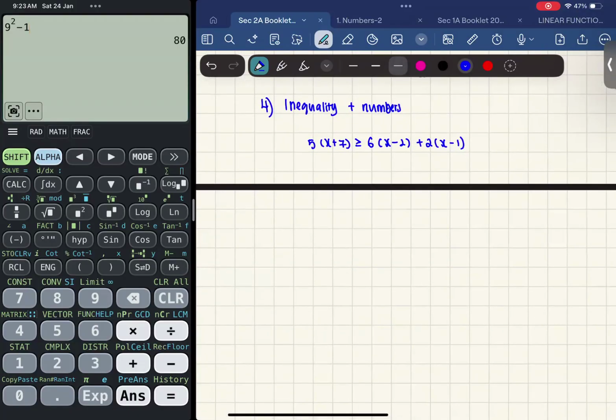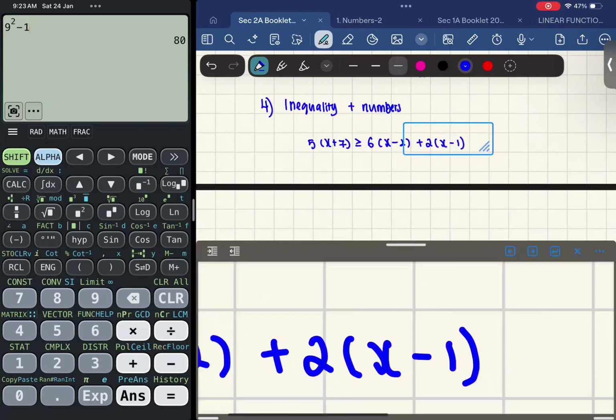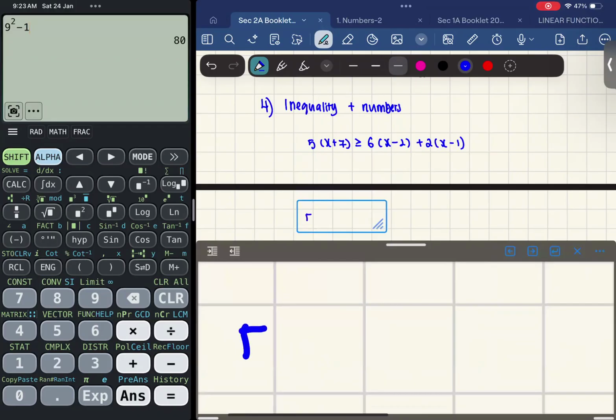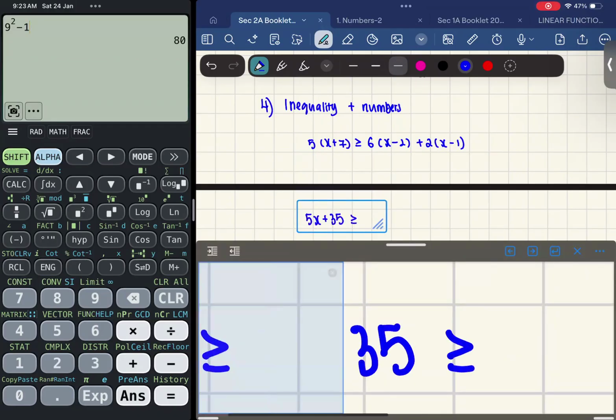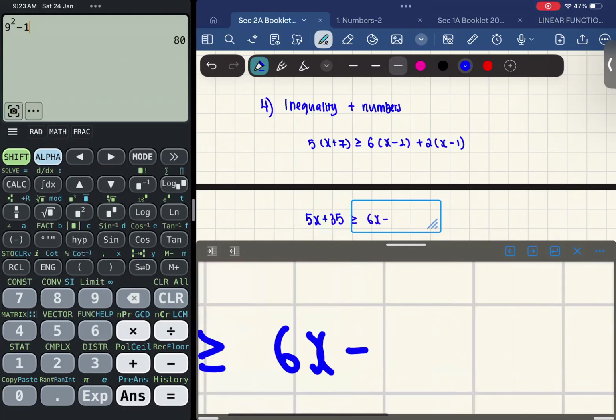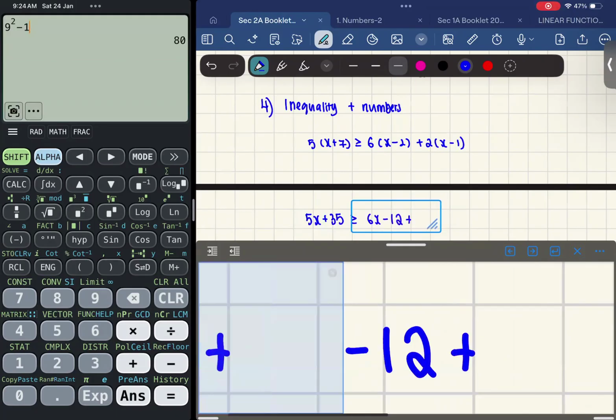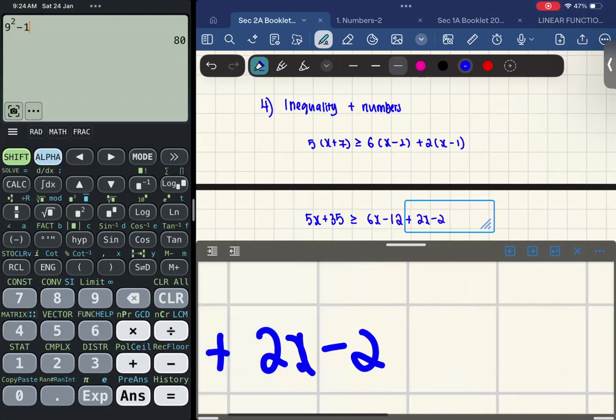So for example, we have to solve this. We make x the subject. So we have 5x plus 35 is more than or equal to 6x minus 12 plus 2x minus 2.